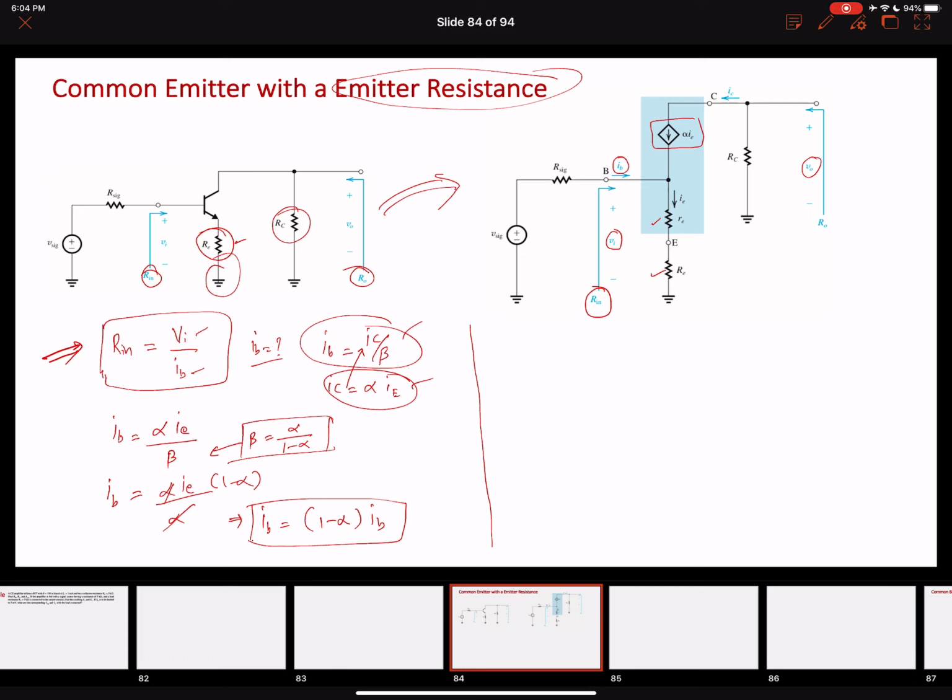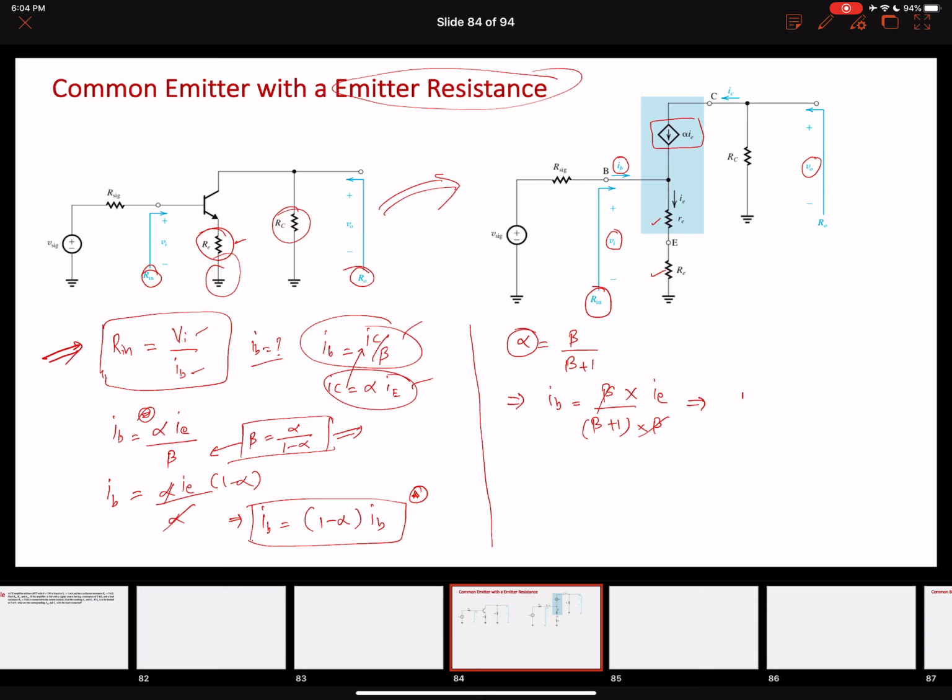Similarly, rather than using beta equals alpha over 1 minus alpha, we can also use the other expression, which is alpha equals beta over beta plus 1. If we use this expression and put this value of alpha all the way here, then our base current will be IB equals beta over beta plus 1 times IE over beta.